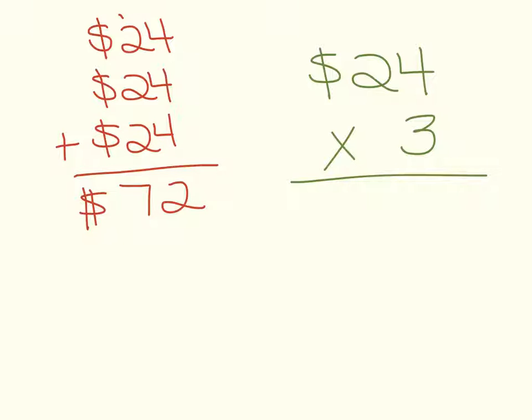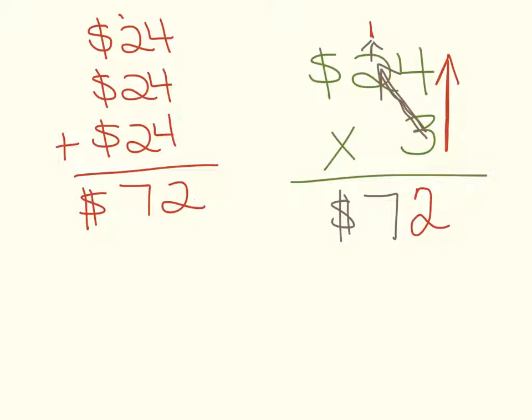But just remember, the first thing you do is you go from the ones to the ones. So you say 3 times 4 is 12. Write it down and carry to your tens. Your second is 3 times 2 is 6. Plus your 1 is 7. And your total is 72.